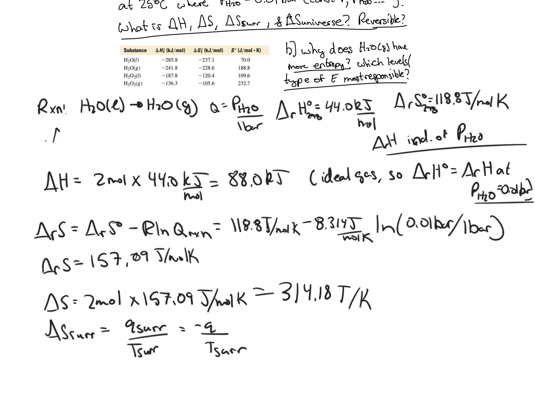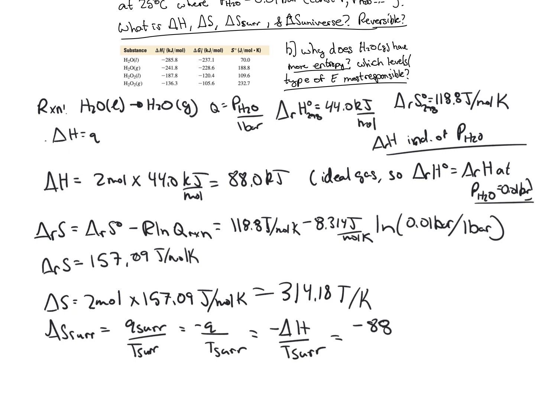Now we had up above here, I erased it, but we had delta H was equal to Q. So this is going to be negative delta H over T of the surroundings, which is going to be equal to negative 88. Units-wise here, it's useful to go back to joules since my delta S is in joules per Kelvin.